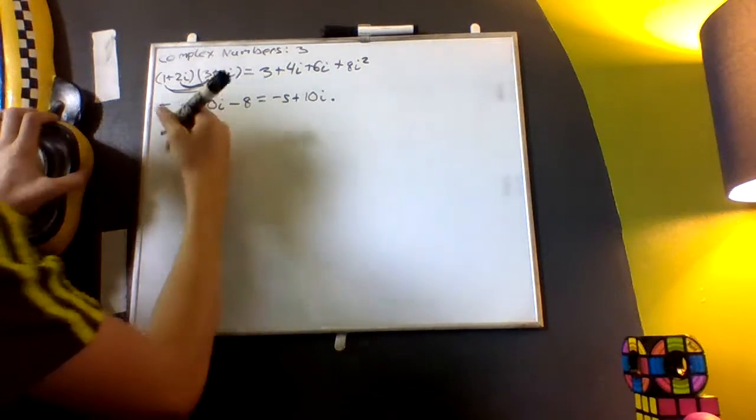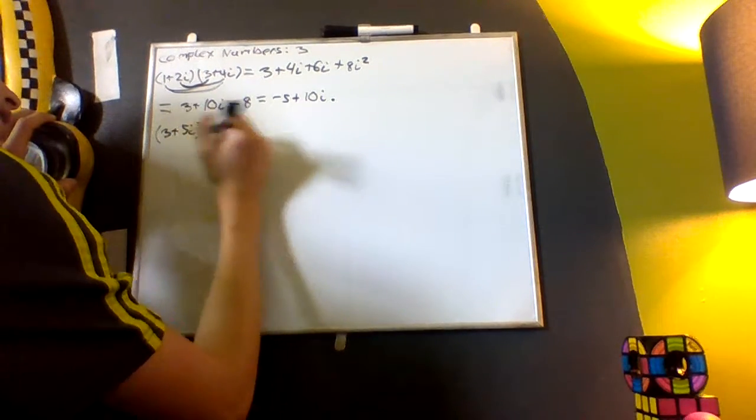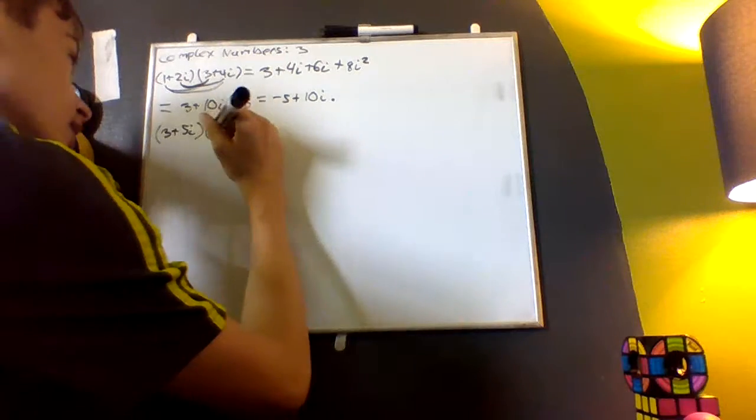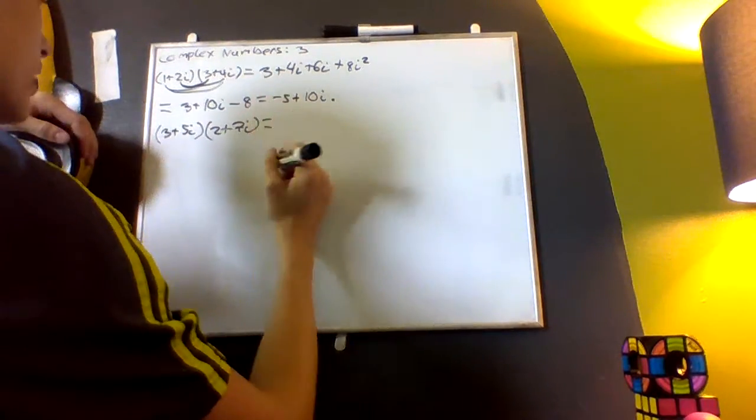So, what is then 3 plus 5i times 2 plus 7i? Let's multiply it through.